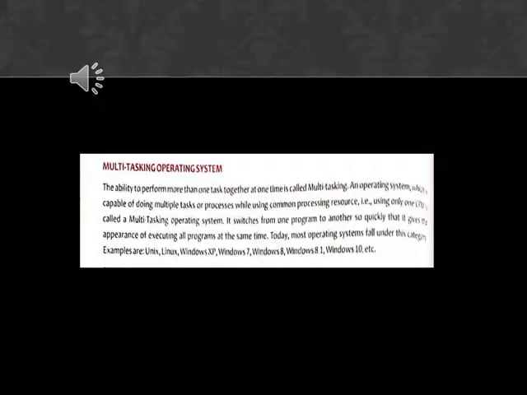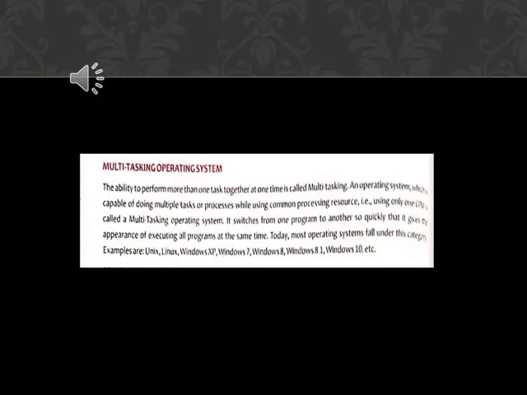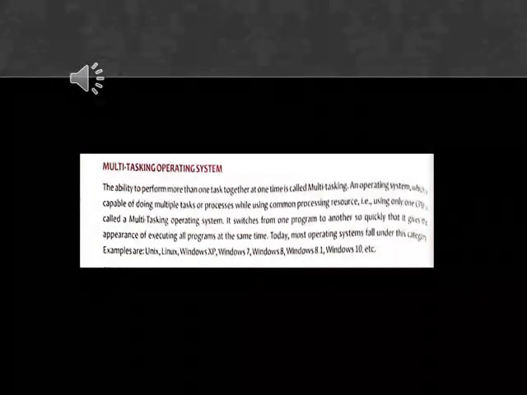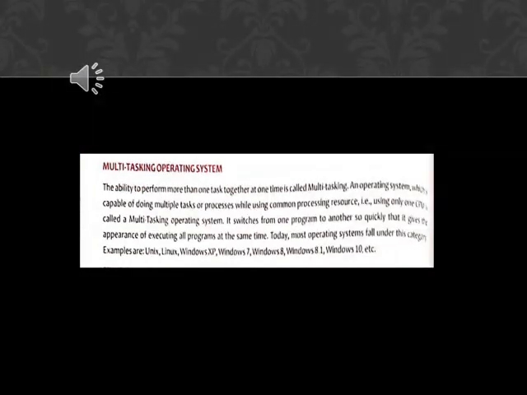Let's see the multitasking operating system. What is the multitasking operating system? This operating system has the ability to perform more than one task together at one time, which is called multitasking. At one time they have to do more than one task together.